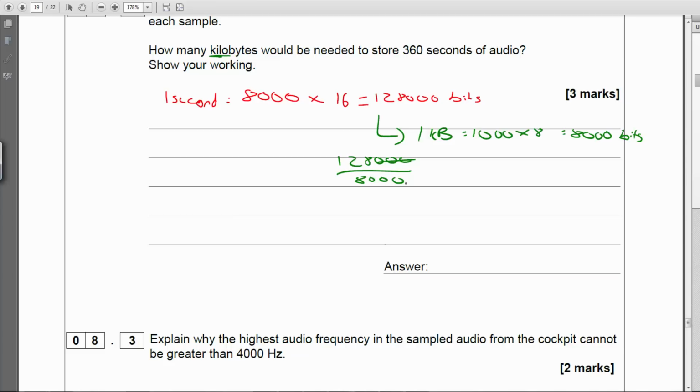We can cancel this, and this equals 16 kilobytes. So there are 16 kilobytes in 1 second of storage, and so we multiply 16 by 360, and the answer is 5,760 kilobytes.